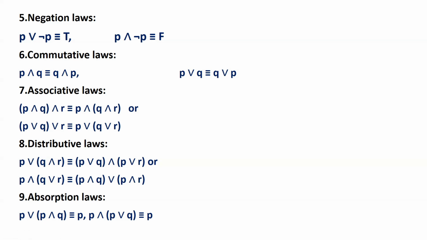If it happens, then definitely the answer will be P as it is. Okay, now see here: P or (P and Q). Inside the bracket and outside the bracket signs are different. Whatever atomic proposition is present outside the bracket, the same atomic proposition is present inside the bracket. Then the answer will be P. Okay, so this law is nothing but the absorption law.